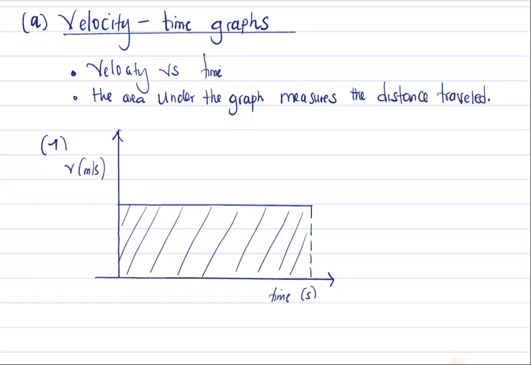This velocity time graph is what we call the uniform velocity time graph. So this one is for uniform what? Velocity. Is it clear? Let's look at graph number 2.